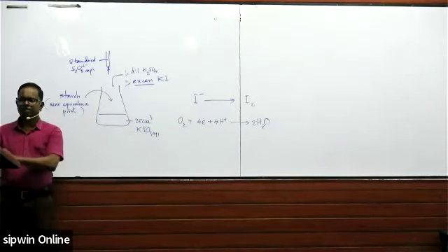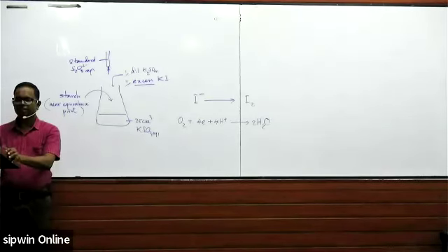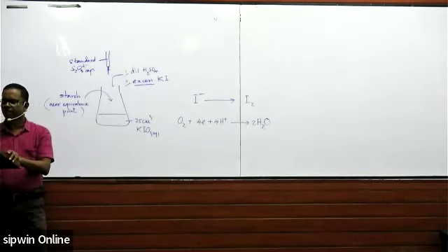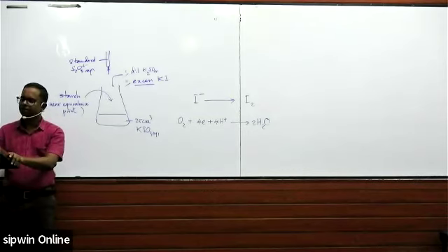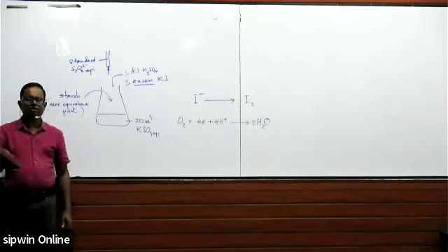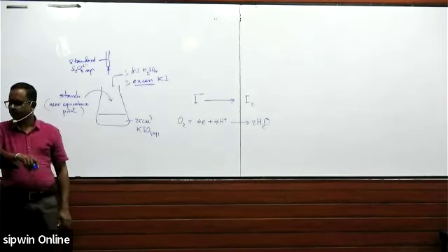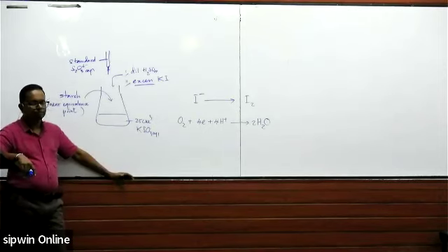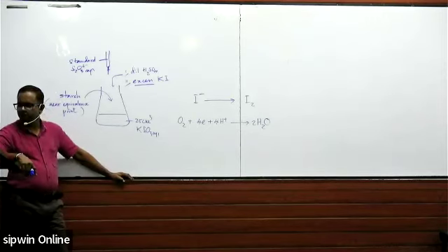In these iodometric titrations, starch is added near the equivalence point.